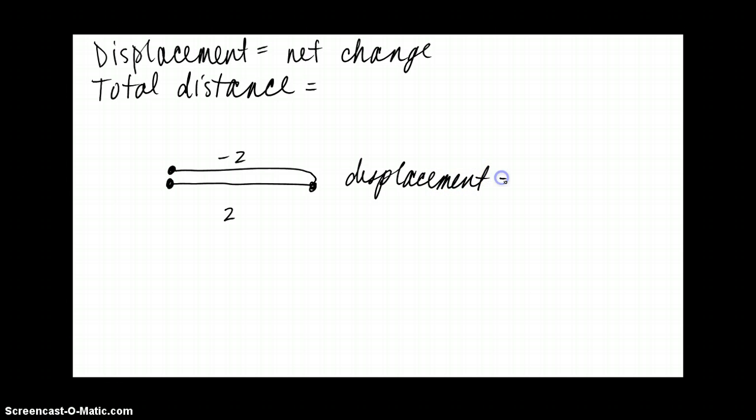According to what we've said, there's no change in position. We started and ended in the exact same spot. How far did we travel, though? That's a totally different value. We went 2 steps to the right, 2 steps back, so we've traveled a total of 4 units, 4 steps in this case.